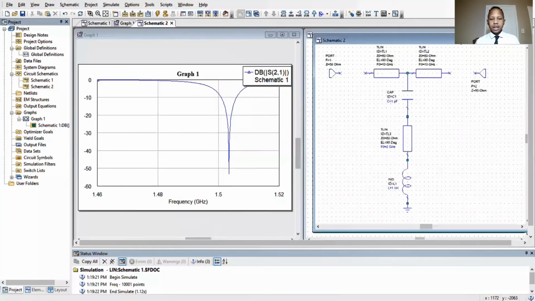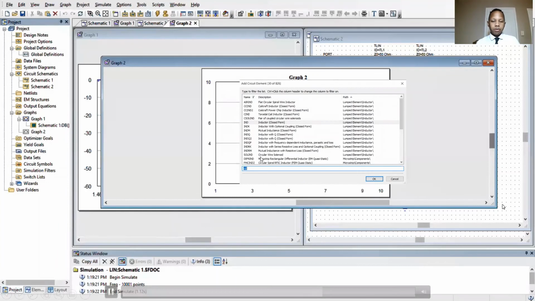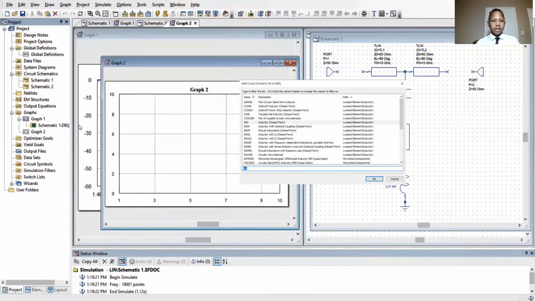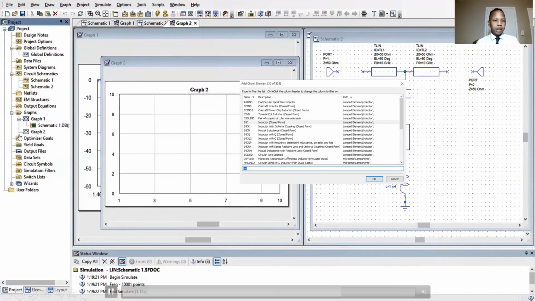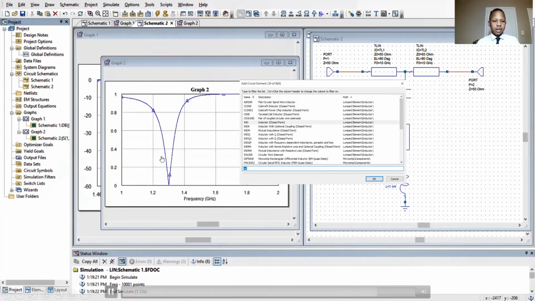This would have been where I would search up my elements, and then when I press enter or click on them, I would be able to add them to the schematic that I have here. And then, right, so now I'm plotting and I'm putting in the data from schematic 2 that I just created, and I will be getting a plot very soon. So simulate, and there it is.